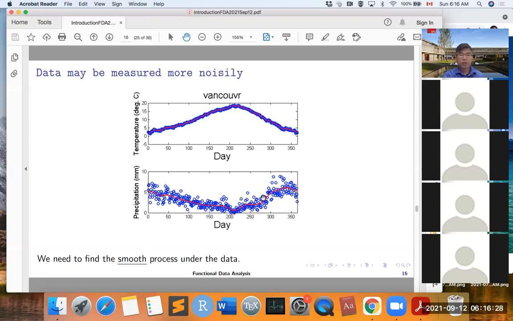Okay, so this is one example for FDA. Although the data are noisy, we want to find a smooth process underlying this data.